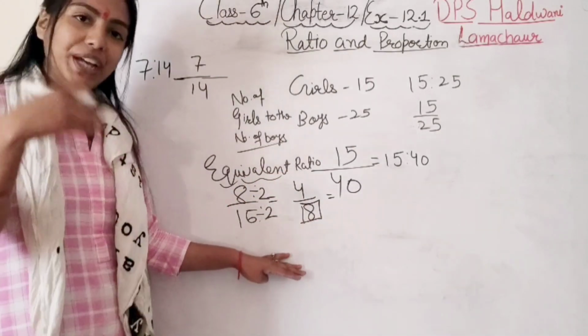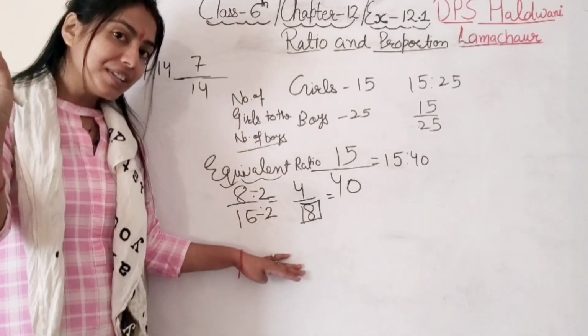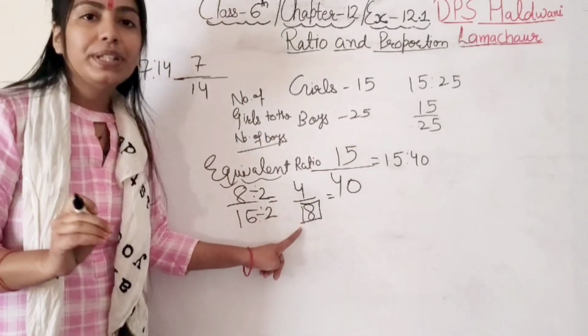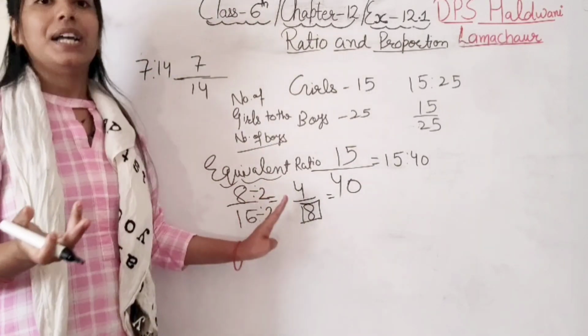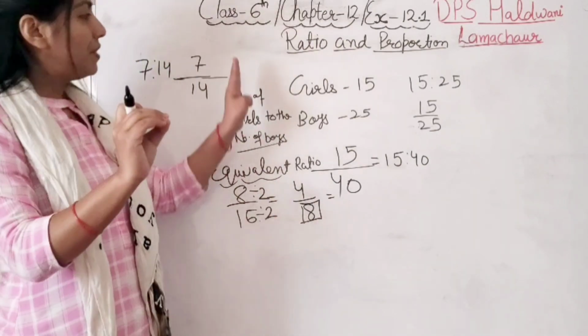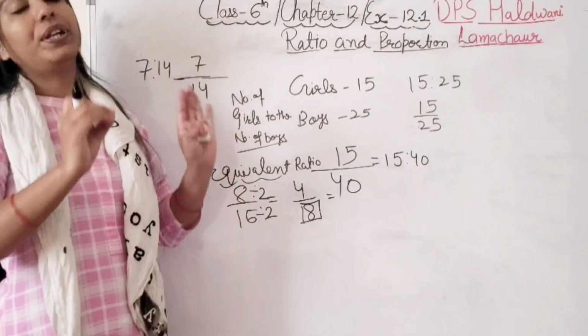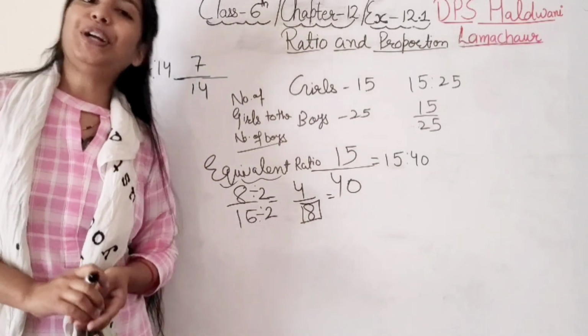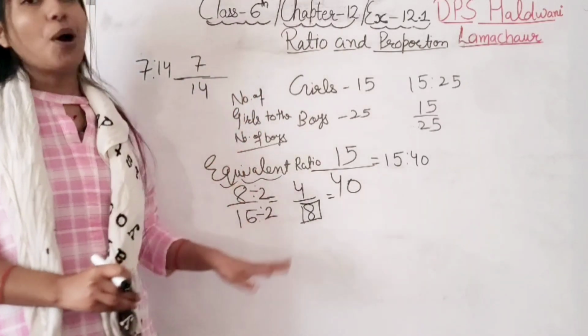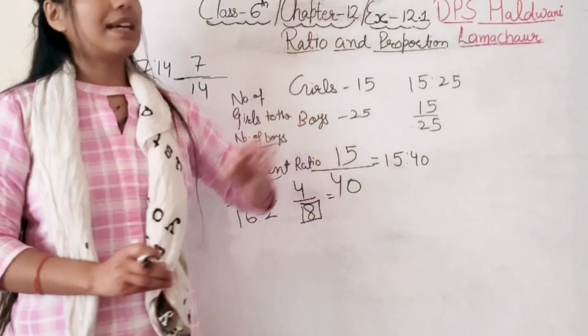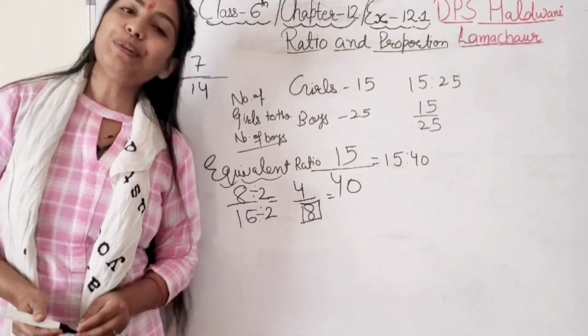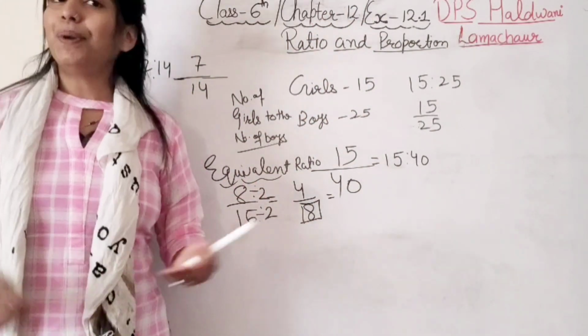The same type of question we had in fractions: equivalent fraction, if the numerator is this, find the denominator. I told you the properties of the ratio are the same as we have done in the fraction. So it is a very simple topic. These two topics we'll do in exercise 12.1. I hope you understood, students, because these concepts are already done.